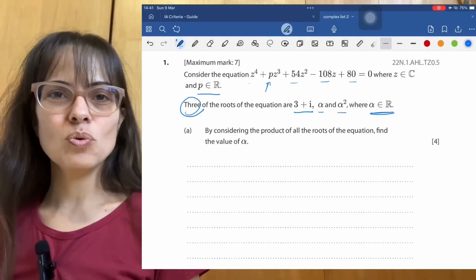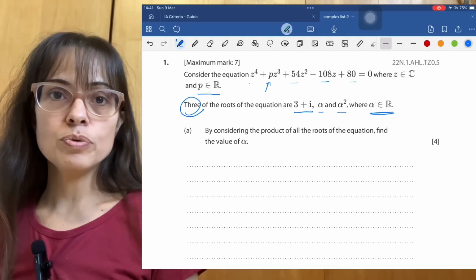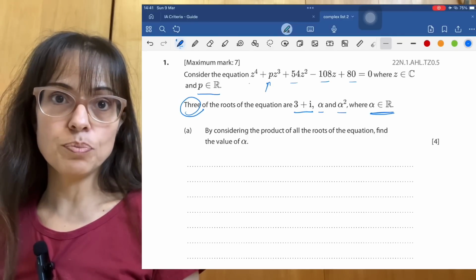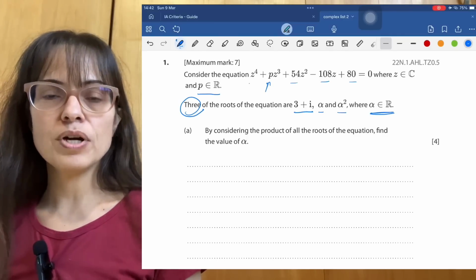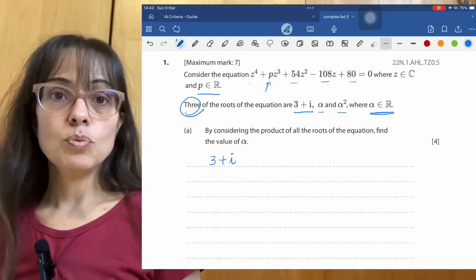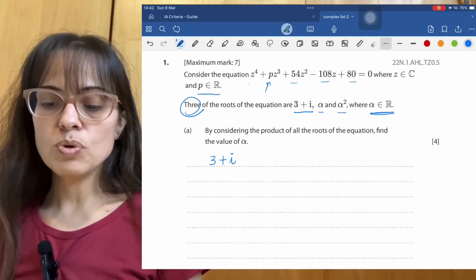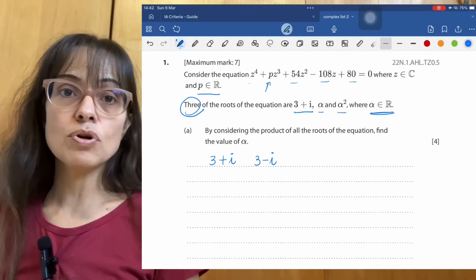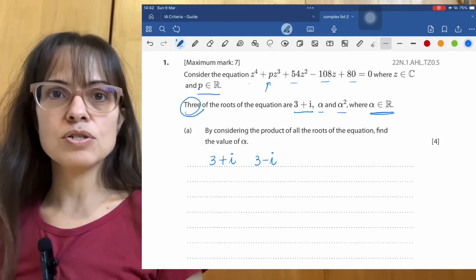But he gave us only 3 of the roots when we expect there to be 4, because this is the degree of the polynomial, because he is trying to test if we know that 3 plus i being one of the roots implies that 3 minus i is another one of the roots. So he didn't give us the 4th one because he expects us to know.